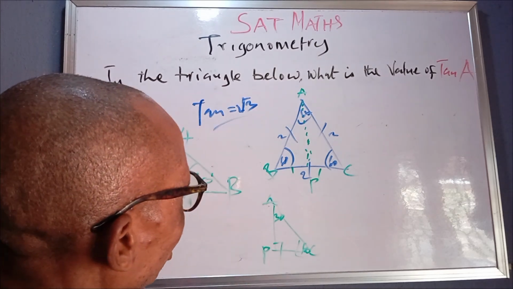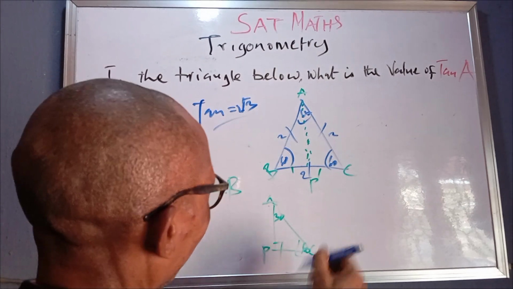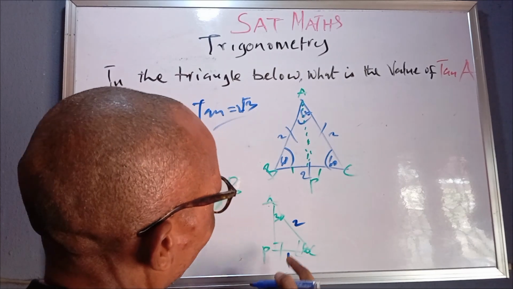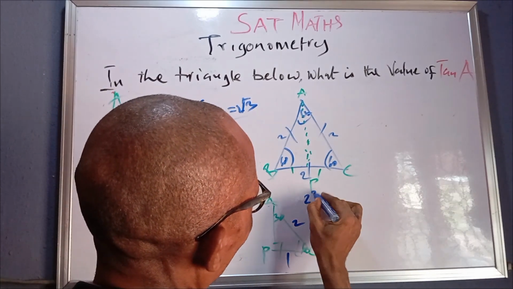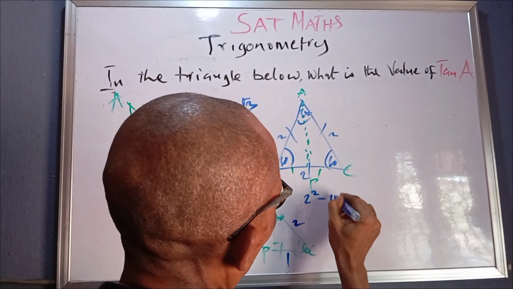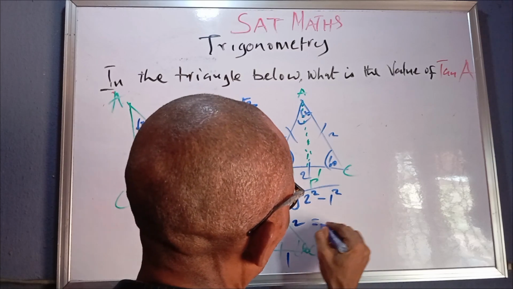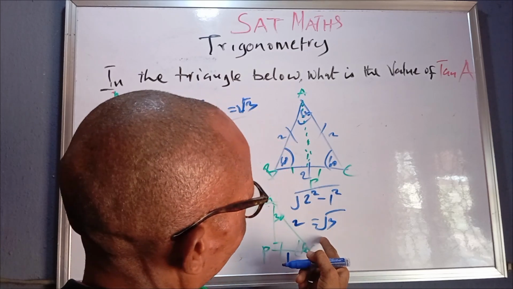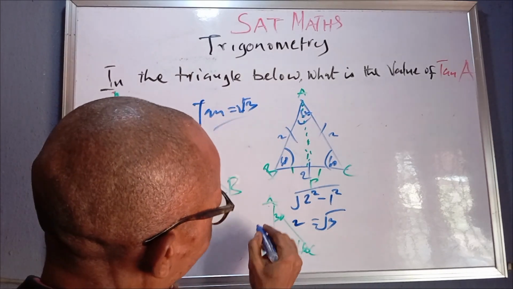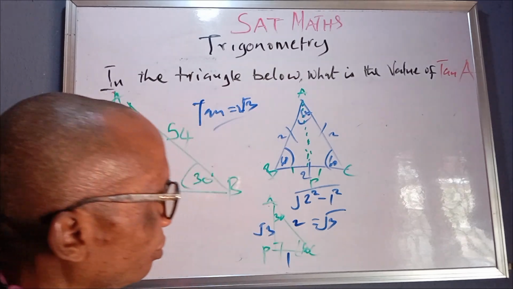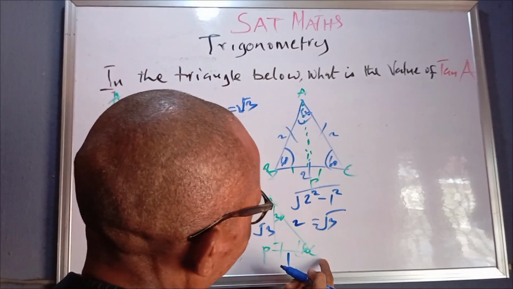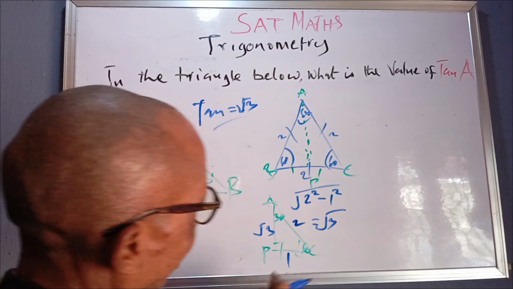Now with this triangle, recall that we have 2 here, and here is 1. By Pythagoras theorem, we have 2 squared minus 1 squared, all in square root, which is root 3. So length AP is root 3, while length AC is 2, while length PC is 1.